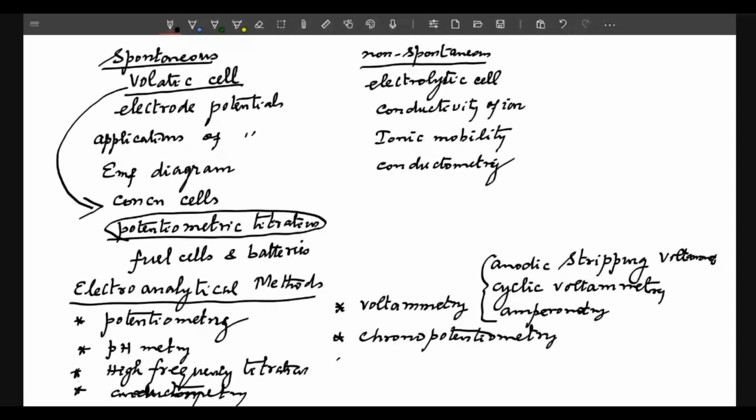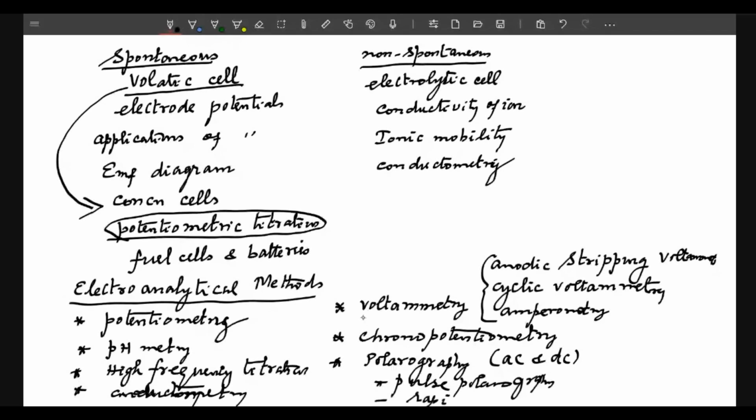Then next is called polarography. There are two types, AC and DC polarography. Under polarography also nearly four types are there. One is called pulse polarography, and the second type is rapid scan polarography.